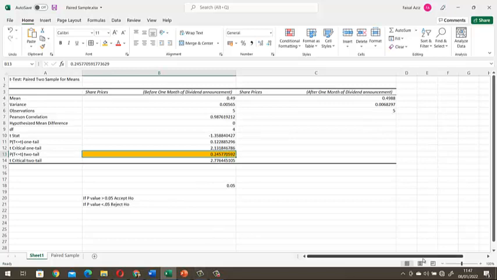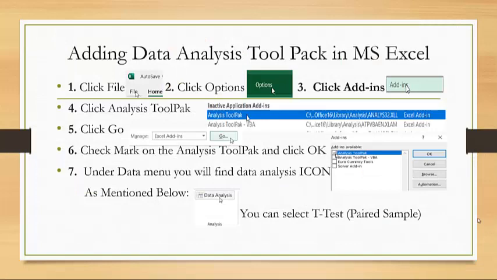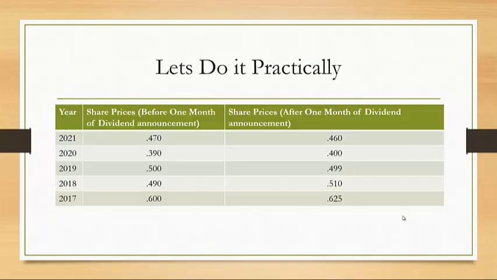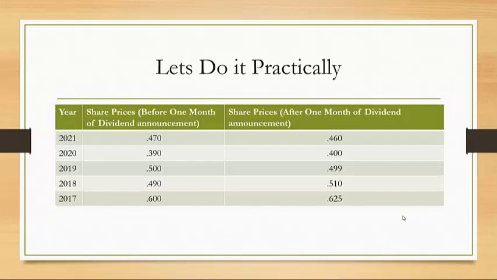So viewers, let me go back to the slide. These are the steps that I mentioned you will have to follow for adding the analysis tool pack in Microsoft Excel, and this is the data that I used to apply the paired sample t-test.